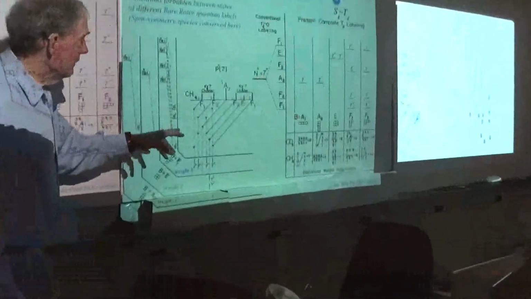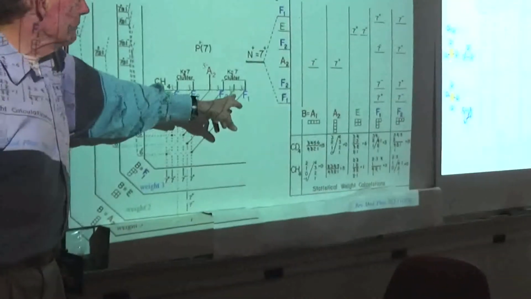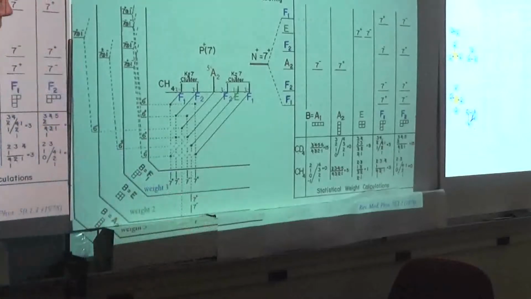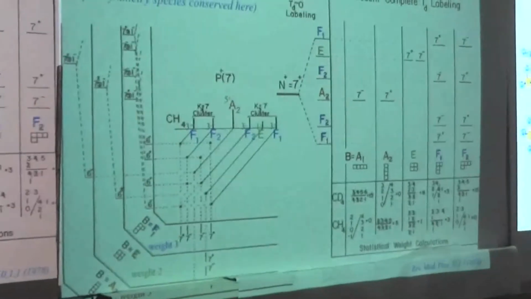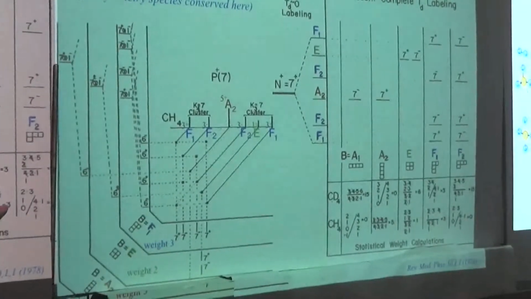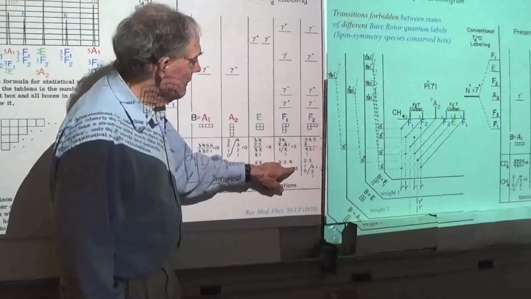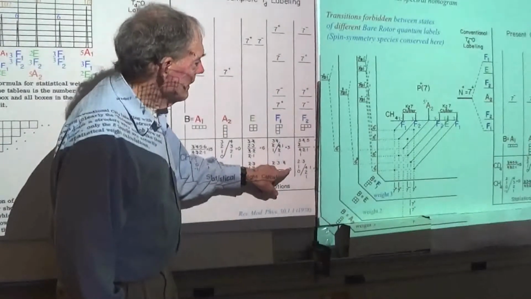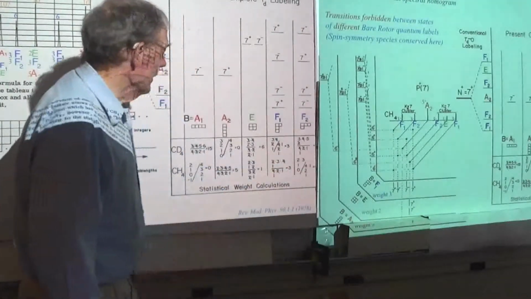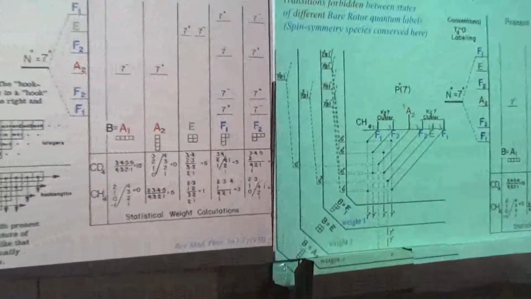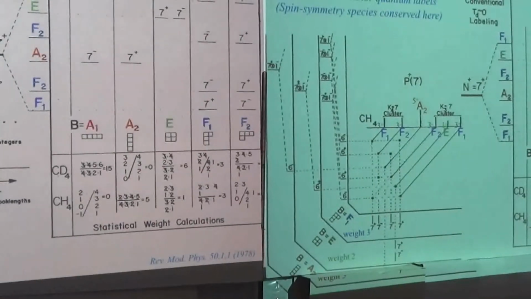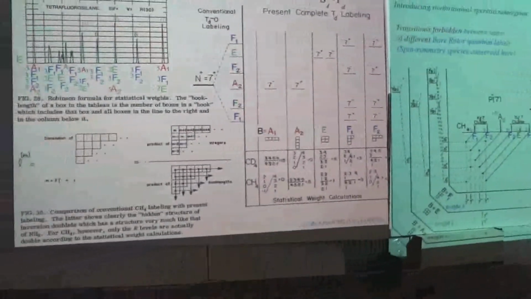This E right here, sometimes it's barely visible in an actual spectrum. The other two, F2 and F1, they're not quite as high, but they get 3 here. And this one also the same.